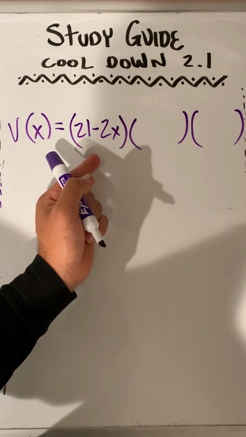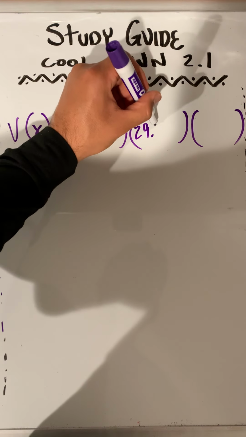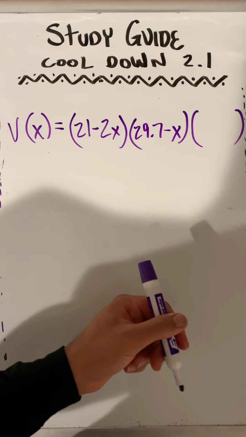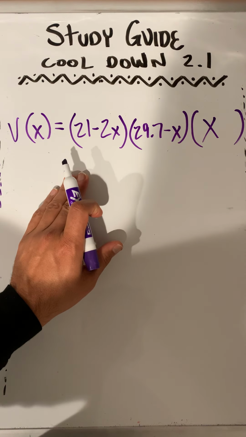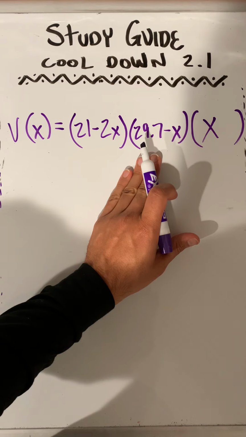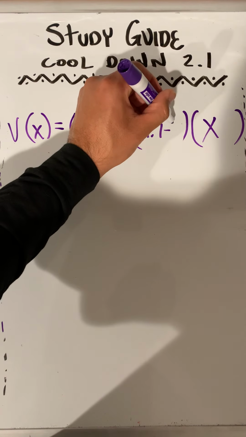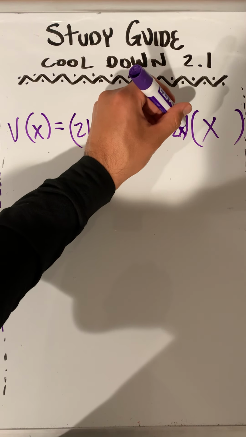So that's not to say that this couldn't be the width, but for simplicity's sake, we'll just go in that order. Okay, so we got 21 minus 2x as our first factor, our first dimension, 29.7 minus 2x as our second dimension, and then the third dimension is just x by itself.